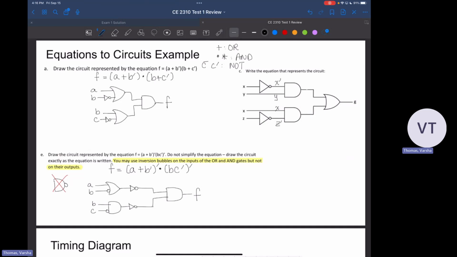So at the output of this AND gate, you've got x naught and y. At the output of this AND gate, you've got x and z naught. This here is an OR gate, so I'm going to OR the inputs together. So your final answer would be G is equal to x naught y, or x and z naught.